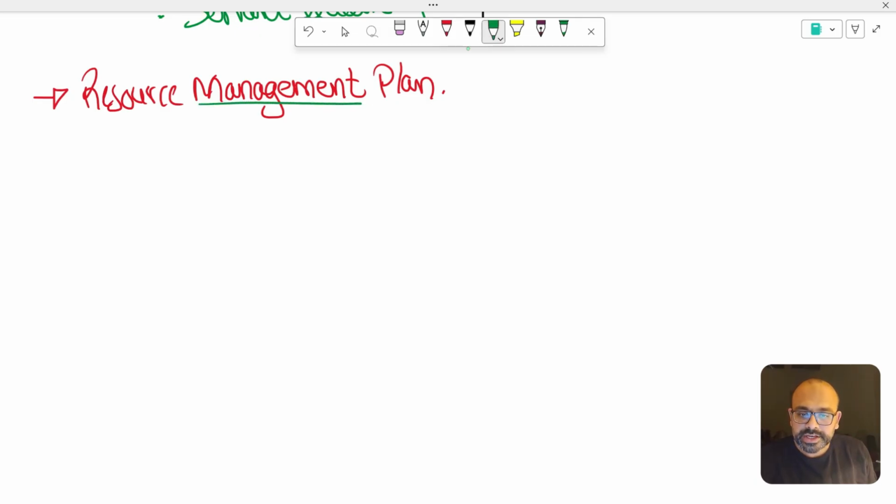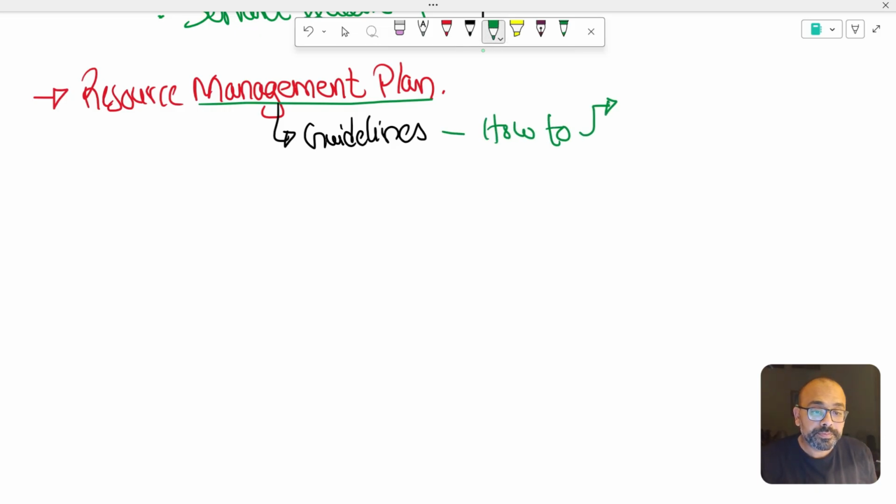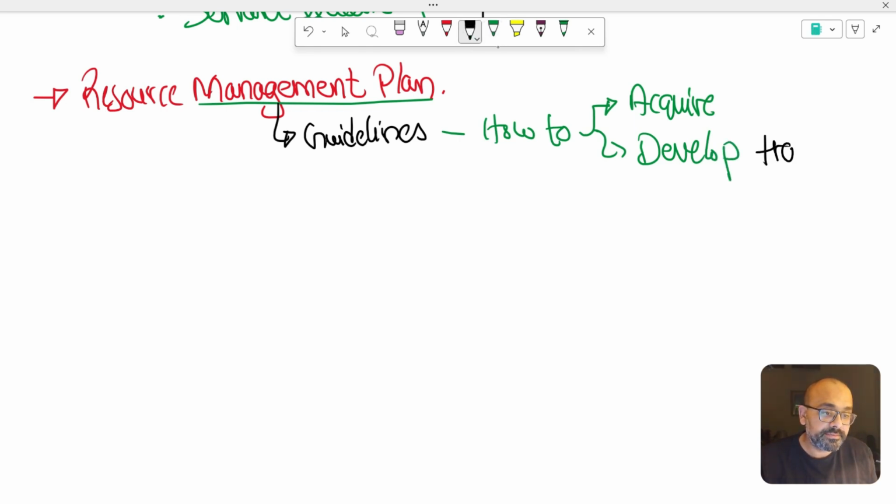Since the words management plan are attached, it means once you create this document, it needs to get approved by management. And the words management plan mean guidelines. So the resource management plan means guidelines for managing the resources: how to acquire them, how to develop them, or you can say train them.